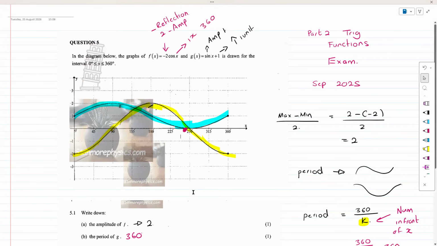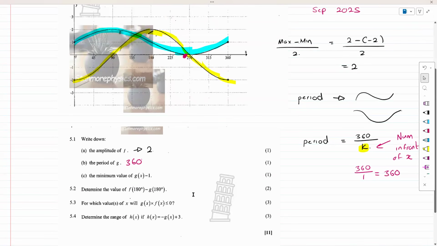Now, there's no need for us to panic. If I minus 1 from the minimum point, my minimum point is going to be minus 1. Because at the moment, this is the minimum point of g of x, which is 0. And then when I minus 1, yeah, it goes there.